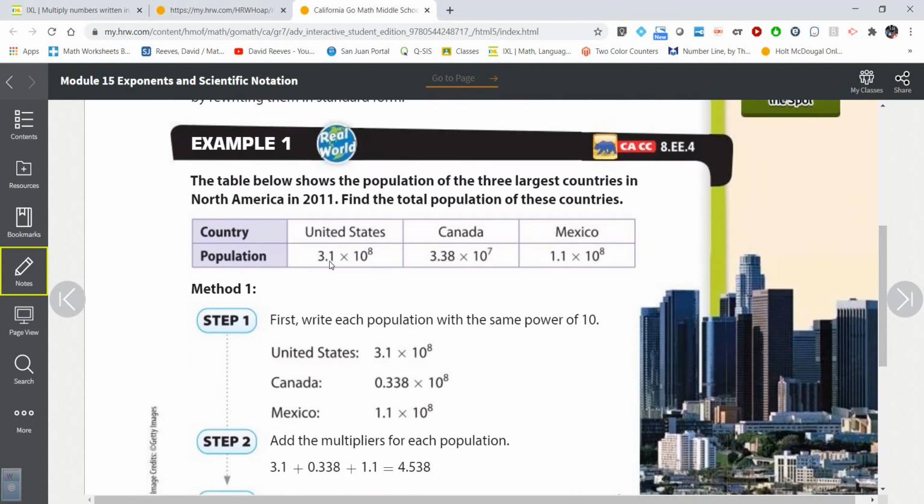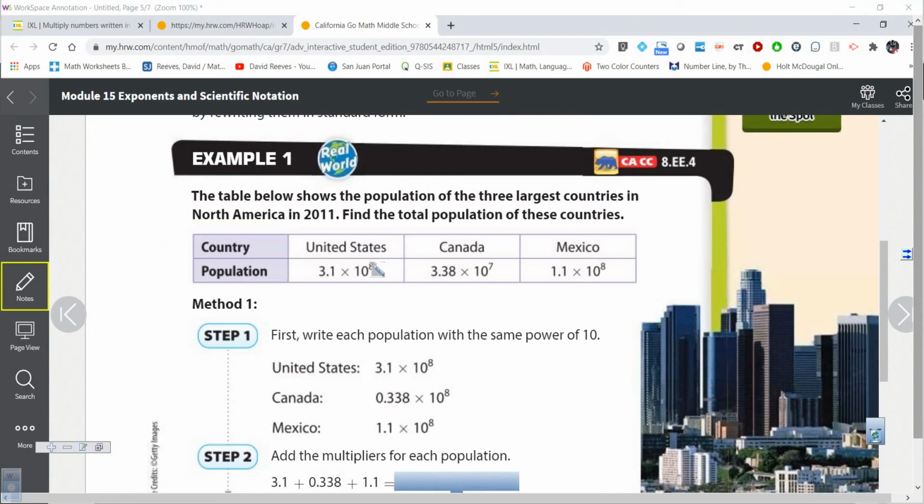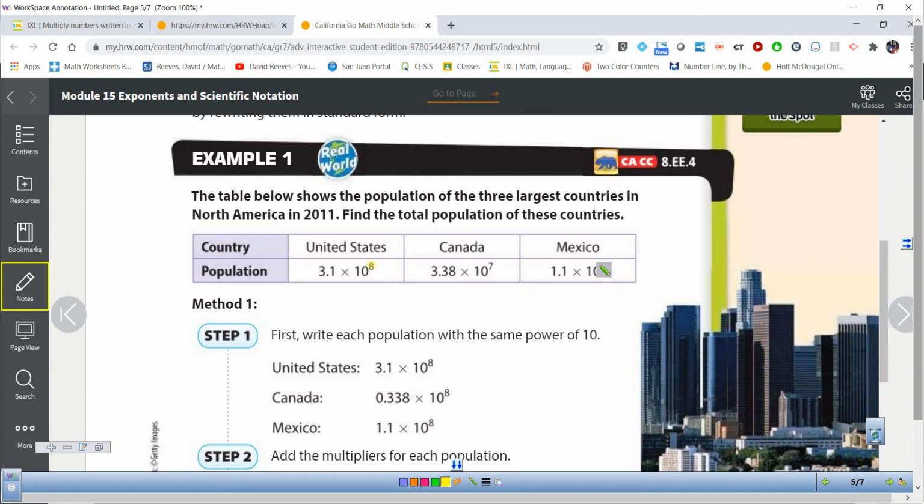If you look at these numbers, 3.1 times 10 to the 8, 3.38 times 10 to the 7th, and 1.1 times 10 to the 8th, you will see that two of the powers of 10 are the same, but this one is not.